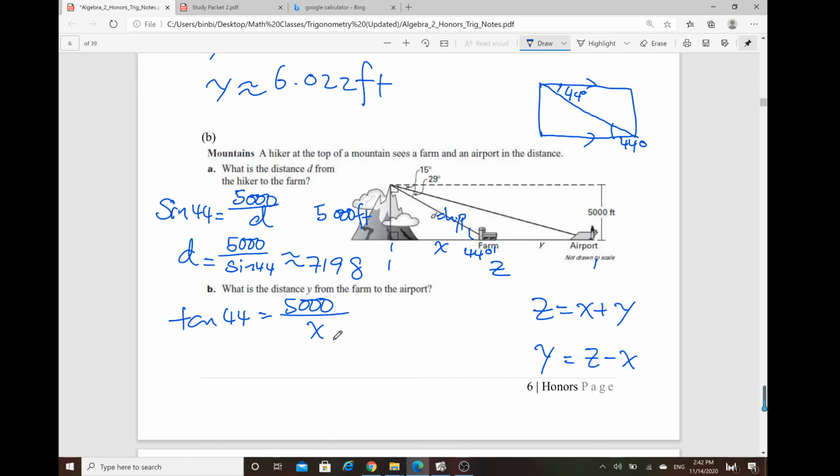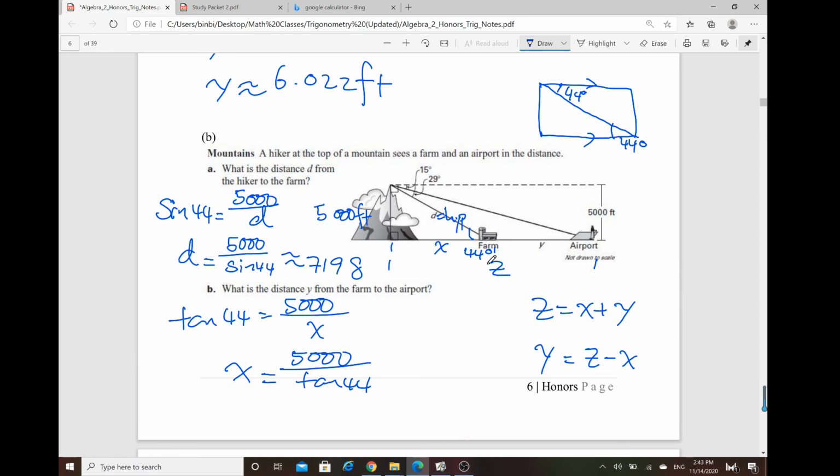Solve for x, so x equals 5,000 divided by tangent of 44. Okay, so we'll just use the calculator later.